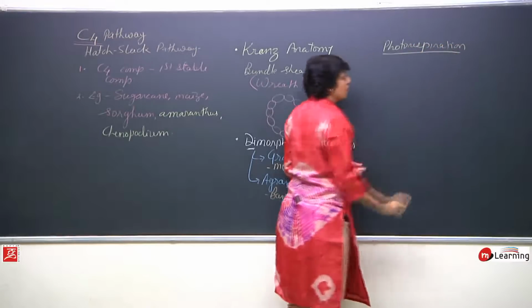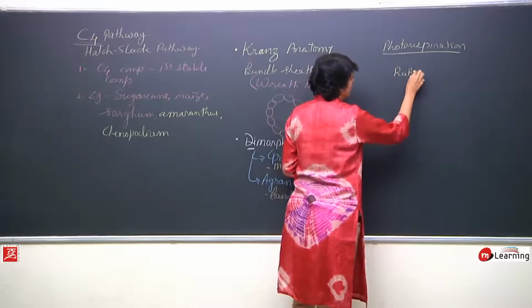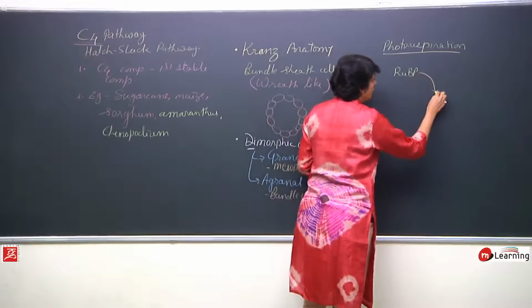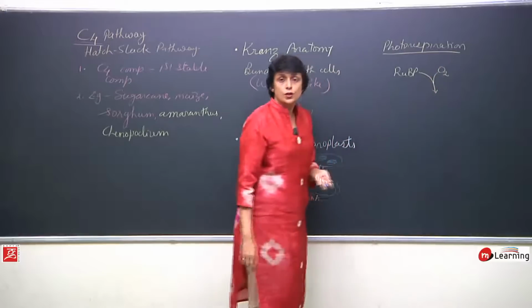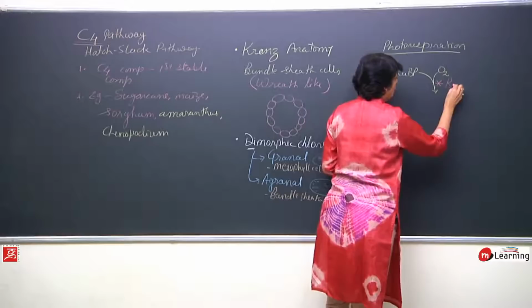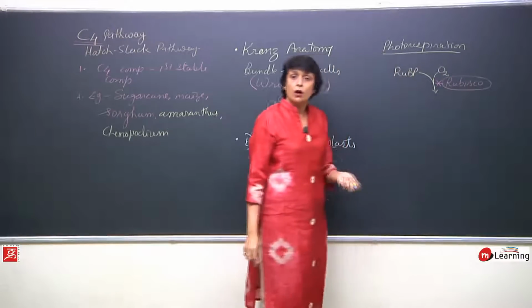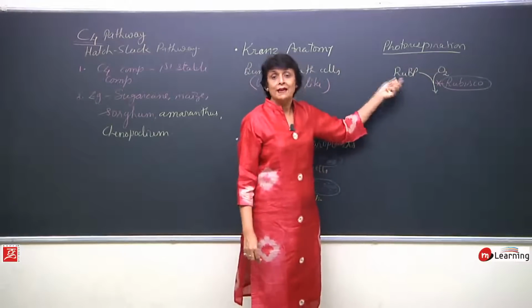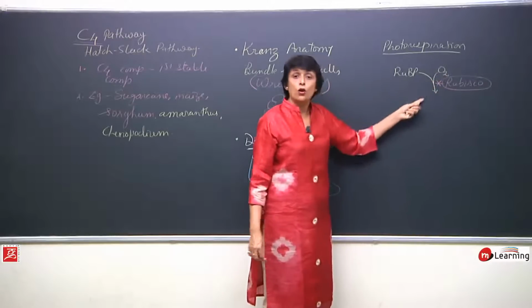In photorespiration the problem was that instead of binding with carbon dioxide, RuBP, that is ribulose bisphosphate, binds with oxygen, and this is because of the changed behavior of rubisco. Normally rubisco acts as a carboxylase, that means it helps in addition of carbon dioxide to RuBP where the C3 cycle takes place. Now in this condition it is acting as an oxygenase.